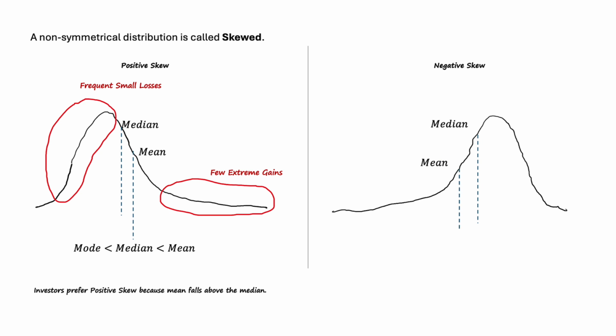And the mean would probably be right around there, the point where you would put a fulcrum to sort of balance it out. And in this case, the mean is less than the median, which is less than the mode.